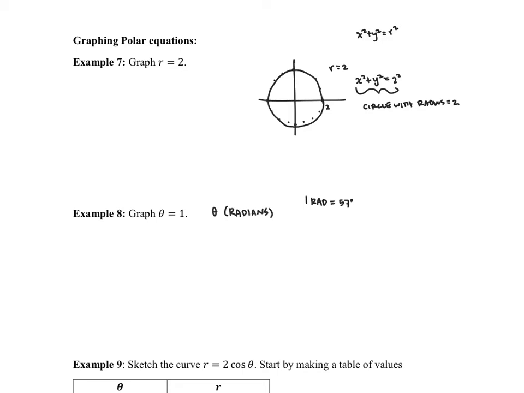Okay, so let's consider one of the potential points on theta equals 1. Well, if theta equals 1, I could extend 2 units, rotate 57 degrees. Or I could extend 1 unit and rotate 57 degrees.